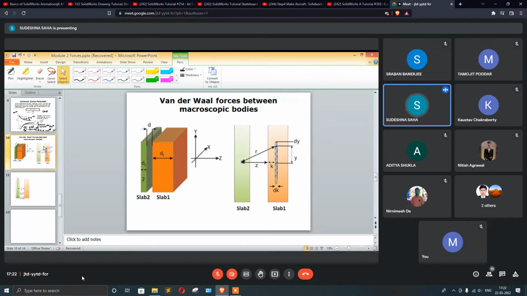Now I will take another slide. Anyway, I will explain it over here. So we will now be talking about van der Waals forces between macroscopic bodies.